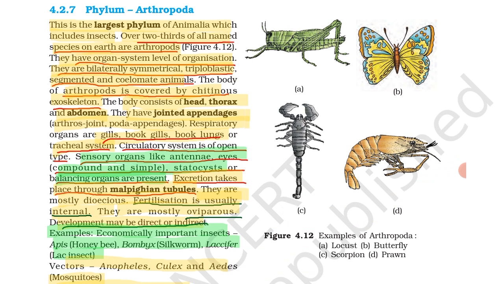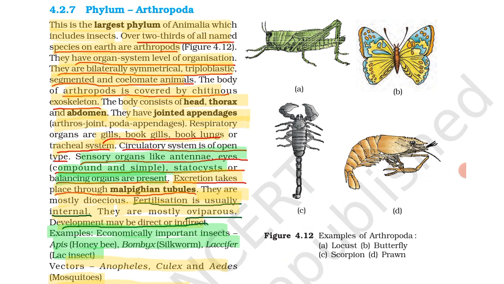Next, they have organ system level of organization. They are bilaterally symmetrical. You know about bilateral symmetry, meaning whenever we pass a plane through the body, it divides into two equal halves along a single plane.